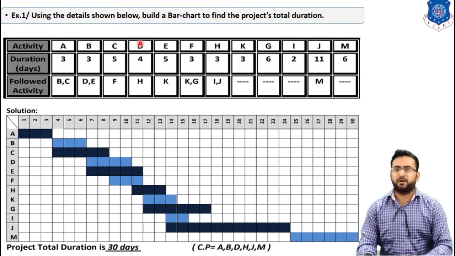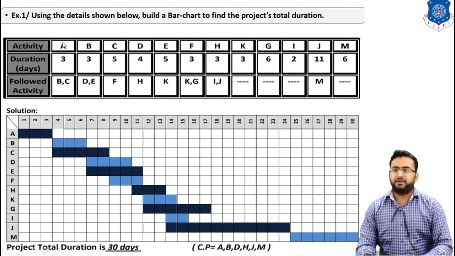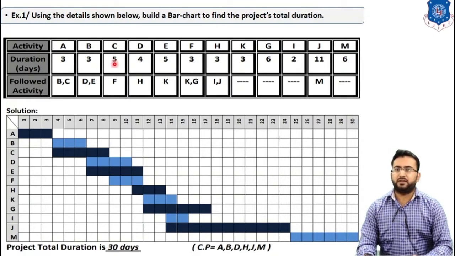After completion of activity D, activity H starts. So the followed-by column represents the completion of an activity, and the following activities start from completing this main activity. The duration in days represents that activity A takes 3 days, activity B takes 3 days, and activity C takes 5 days.